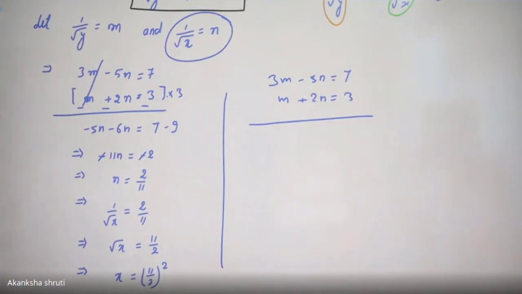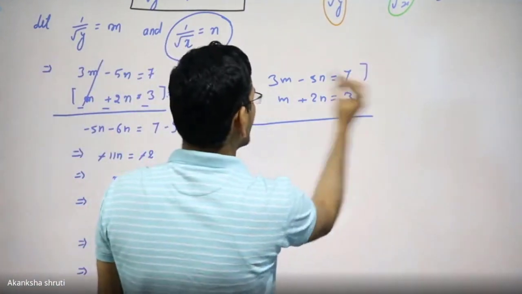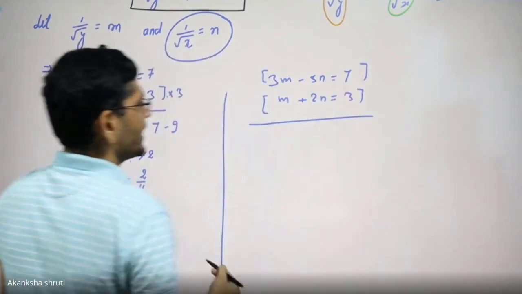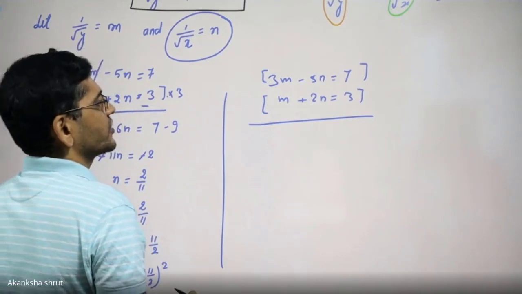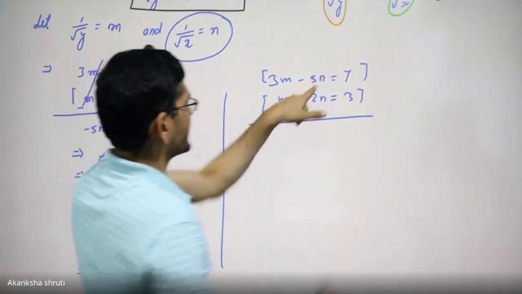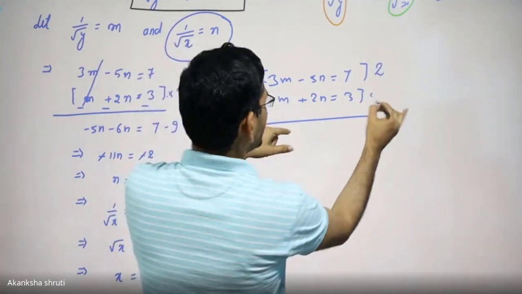This time we want to calculate the m. So n needs to be cancelled. One may go for the cross multiplication, or let me apply elimination of coefficients. So let us multiply the first by 2 and the second by 5.